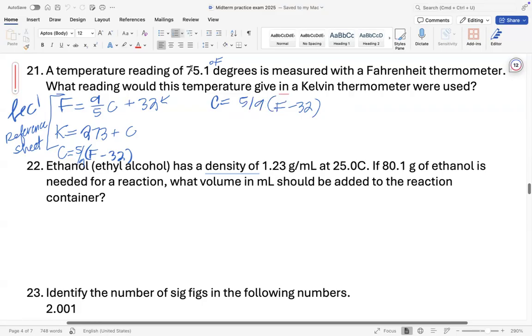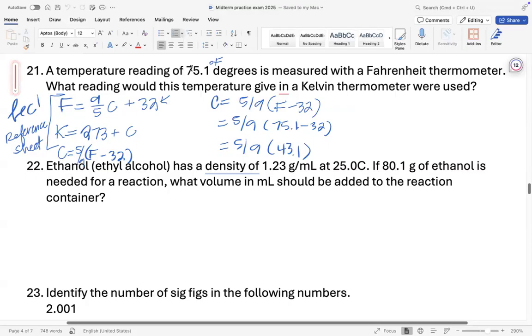So we want to do 75.1 minus 32. We can do that before we multiply. 75.1 minus 32 is 43.1. And then we would times that by 5 divided by 9.